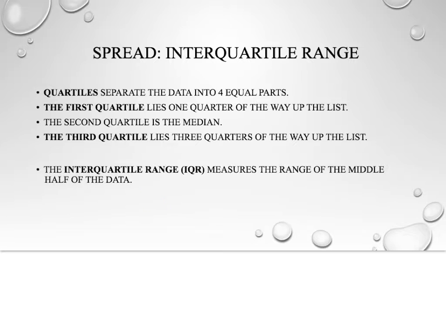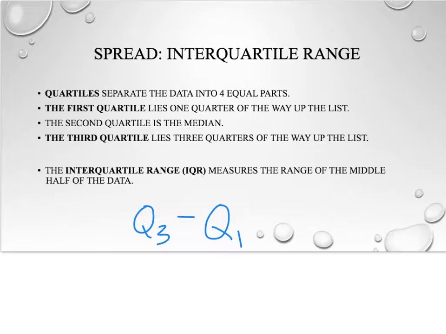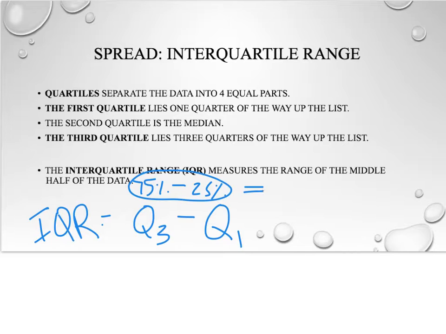We're taking our quartile 3, which we'll write as Q3, and subtracting our quartile 1, which we call Q1. So our interquartile range is just our range from the 75% mark to the 25% mark, because then we have the middle 50% of our data.